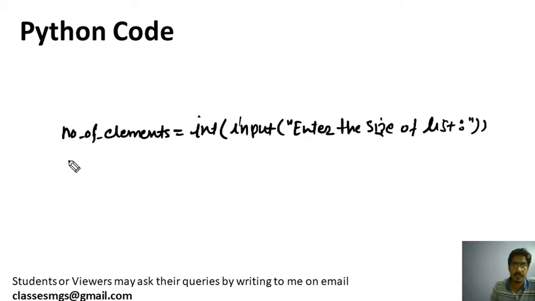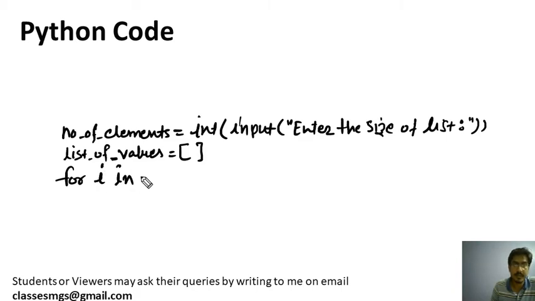So we will use the for loop. We will create a blank list here. Let's suppose list of values. I am creating a blank list so that we will keep on adding. Then I am iterating for i in range, you can use the range function. You should know the range function, otherwise it will be difficult. Number of elements we have already.